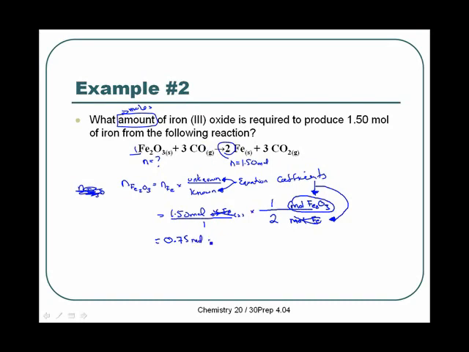So moles of Fe2O3. And you can write it down behind the equation, or if you prefer to write it down with a notation, you have to have either this or this written down in your answer. Otherwise, I don't know what moles you're talking about. We can measure all 4 of the compounds in this equation and find out the number of moles of any of them. I want you to tell me what you found the moles of.